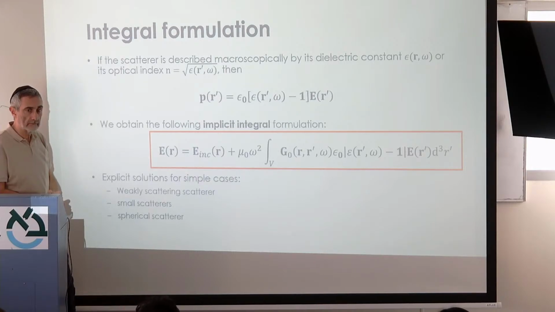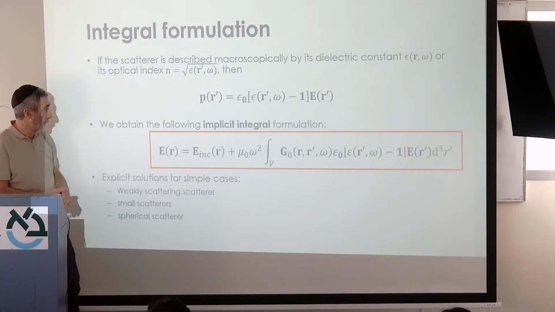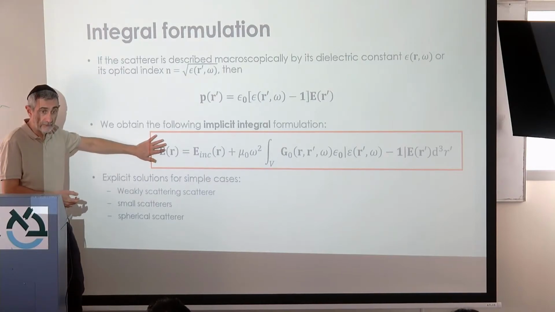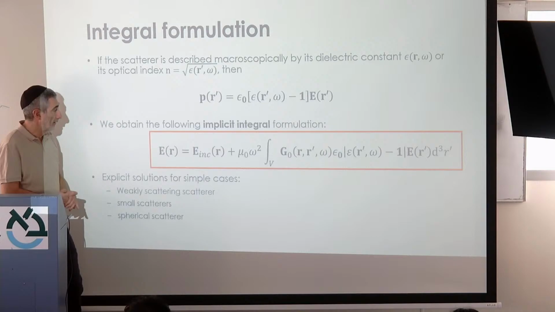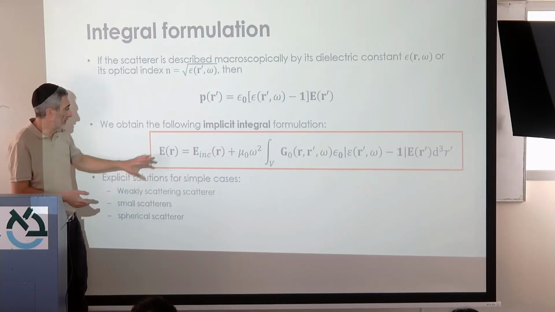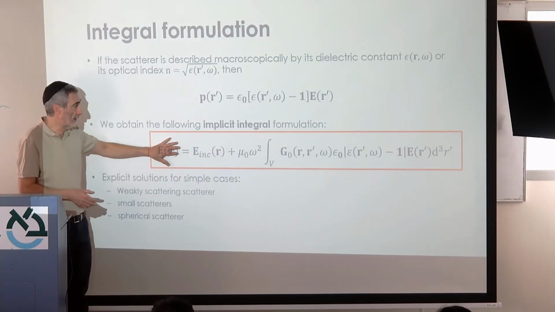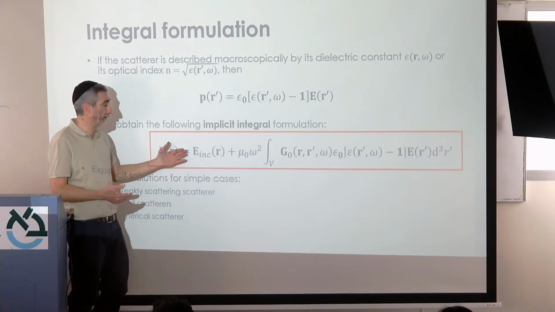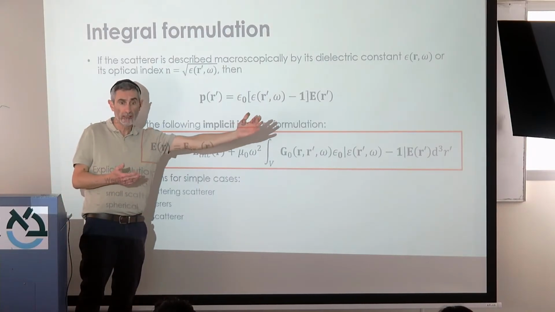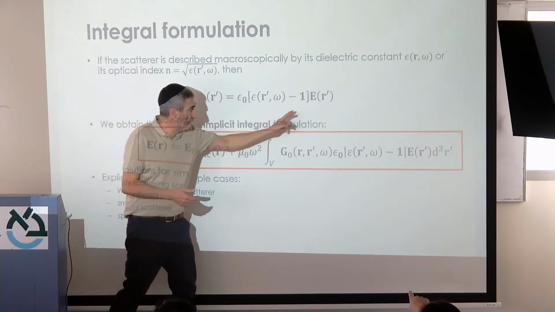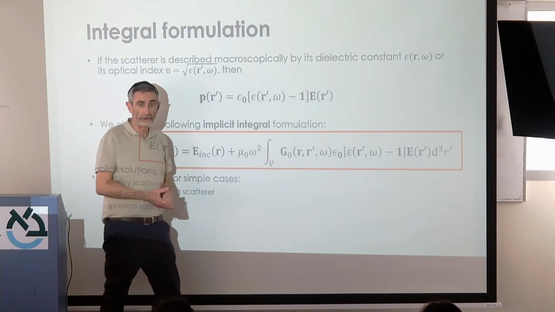So we have two parts: the field inside the scattering medium and the field outside. The field outside is the sum of the incident wave, which is just the plane wave that comes in, plus the scattered part.